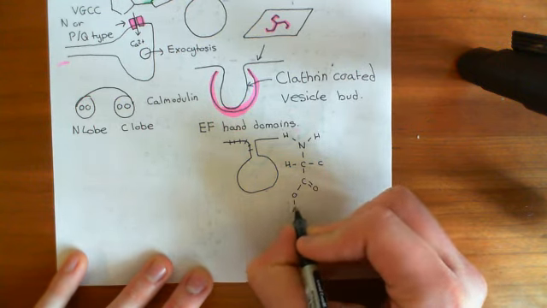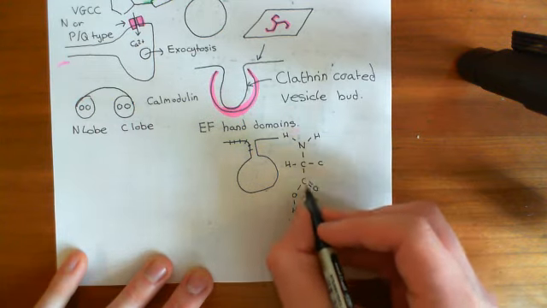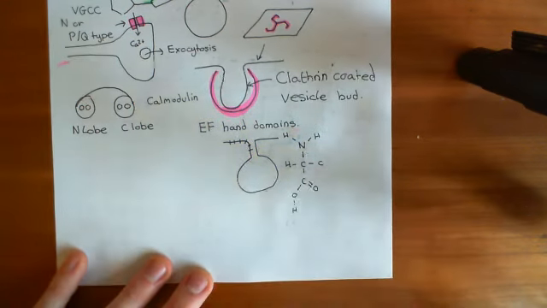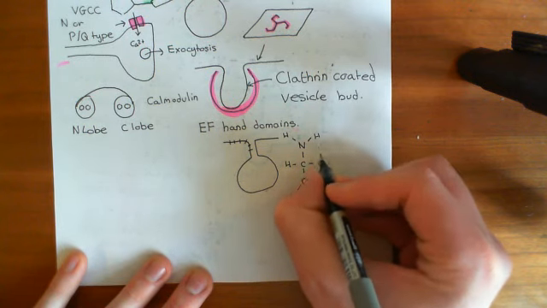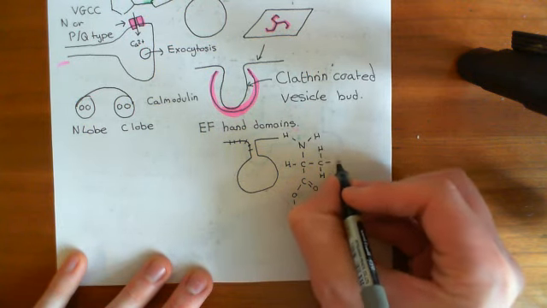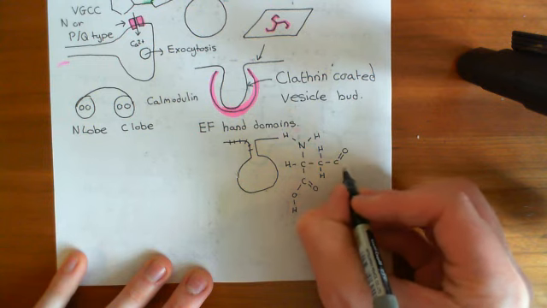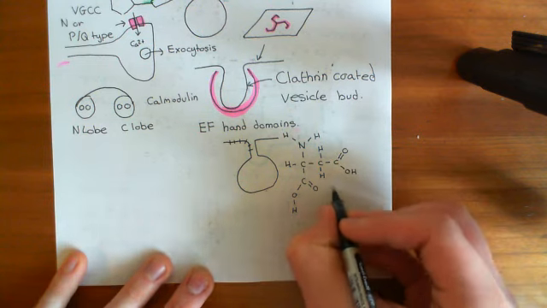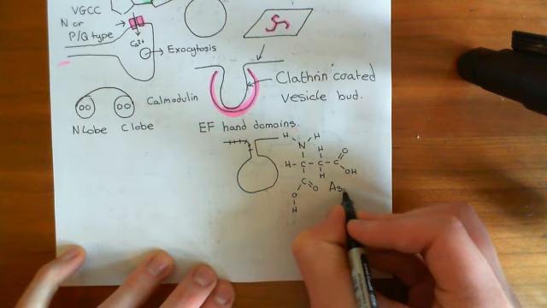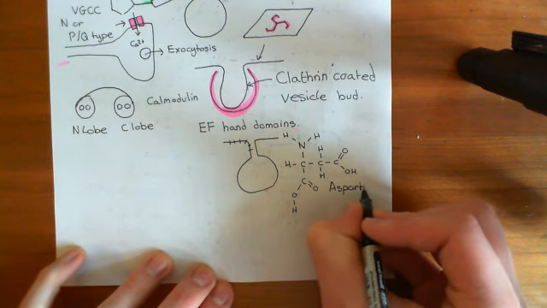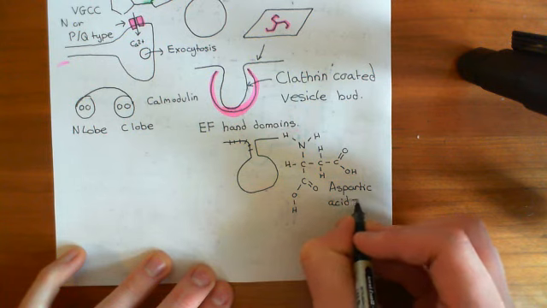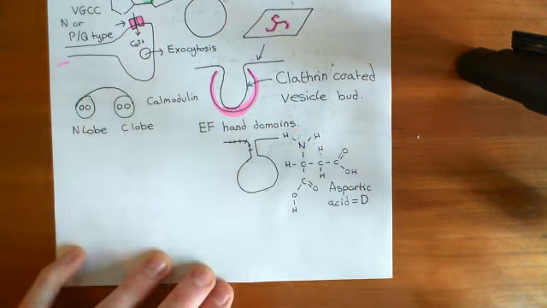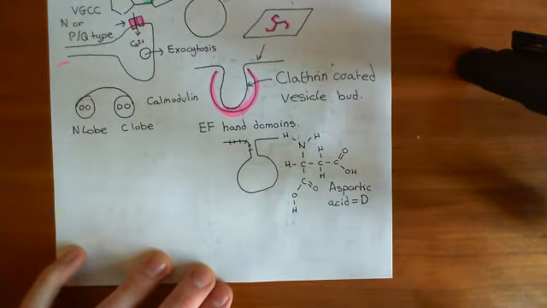So here's the core amino acid structure so far, the amino group, the carboxylic acid group, the alpha carbon. And then the R group of aspartic acid is that you have a methylene group here with a carboxylic acid group coming off there. Okay, so this is aspartic acid. And the single letter amino acid code for aspartic acid is D. Okay, so that's just a little bit of added information.